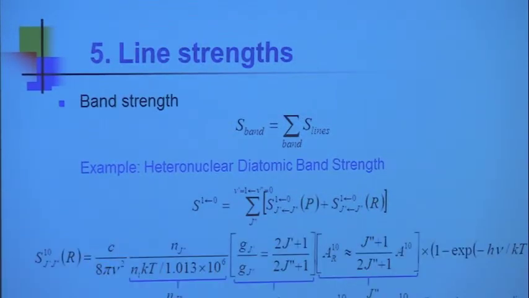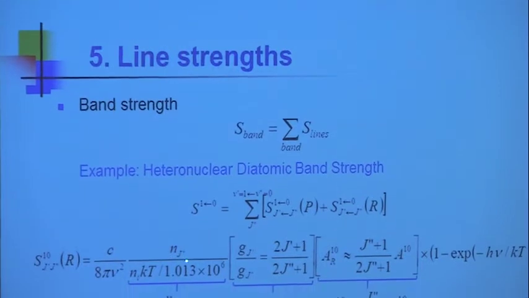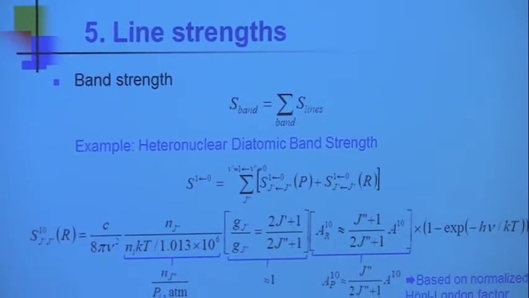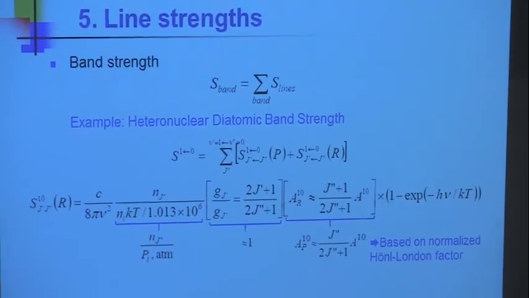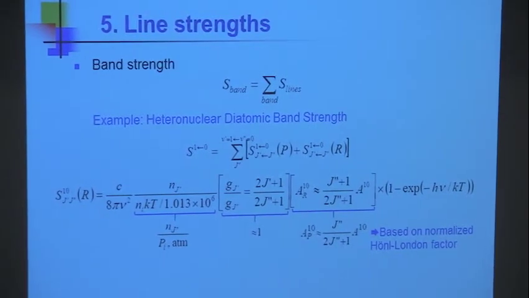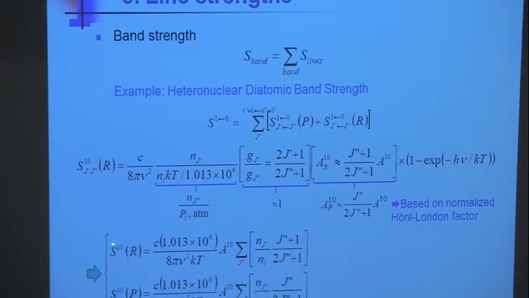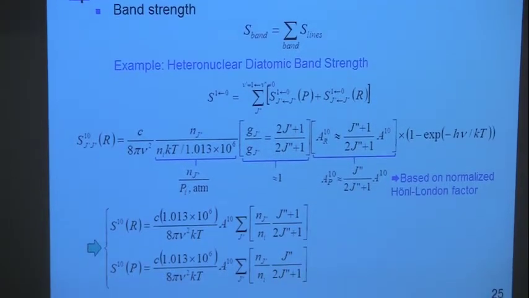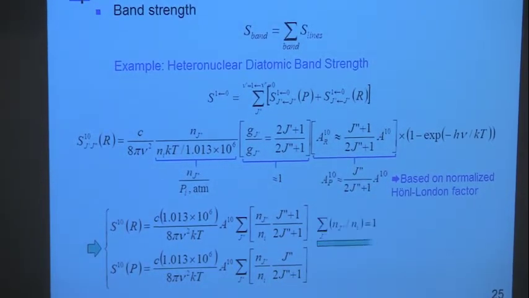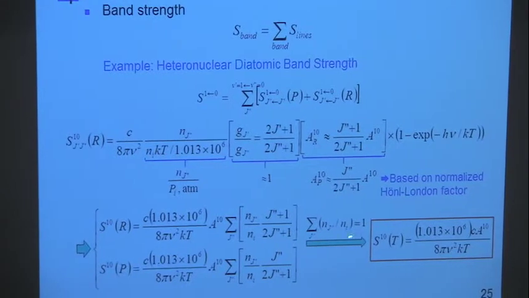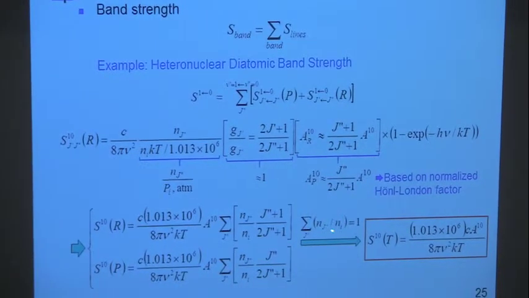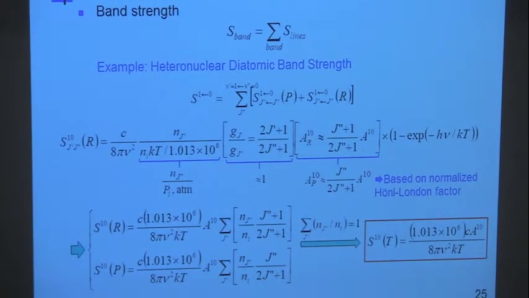And you can write it in terms of the number density in those states, and you can recognize that you have degeneracies, and you can do the algebra, and you can convince yourself that when you sum up all the R lines and all the P lines, write it in terms of A, recognizing the sum of the J's must be 1, you can come back to this.